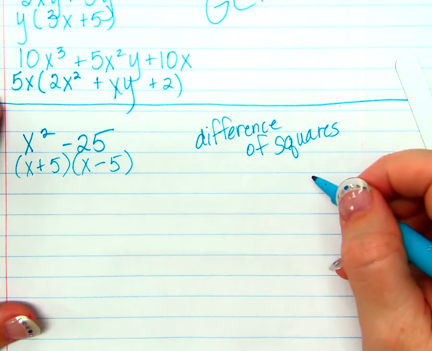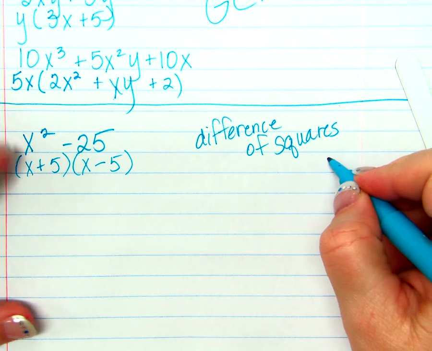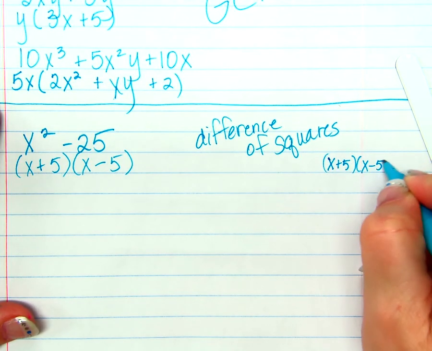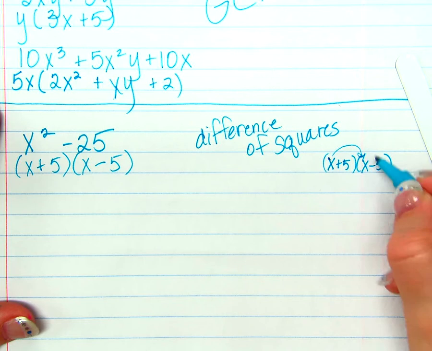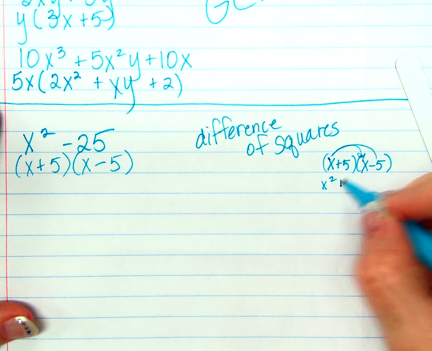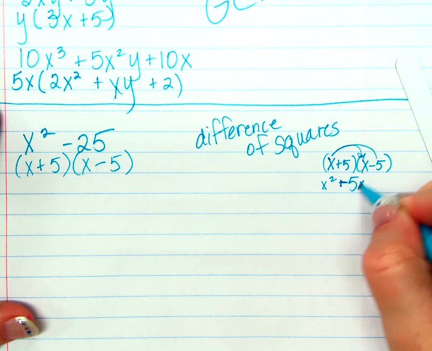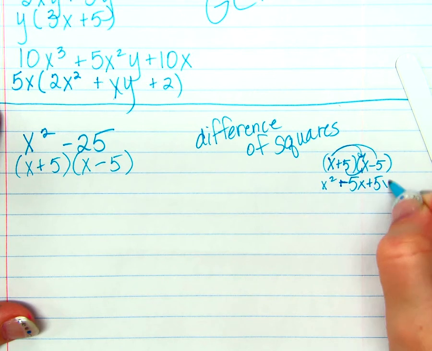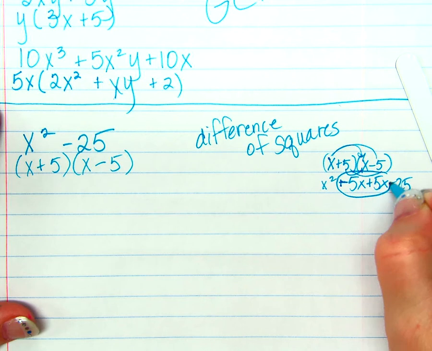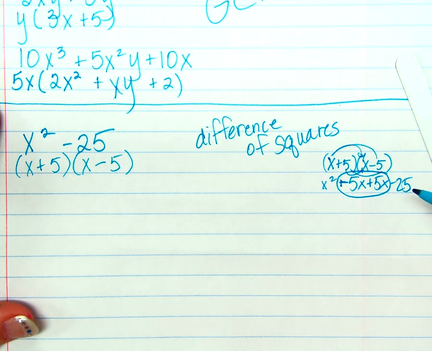Can I show you what I mean by that? What if I went backwards? What if I said x plus 5, x minus 5, and distributed? Isn't that x squared, minus 5x plus 5x minus 25. What happens to a negative 5x and a positive 5x? It's 0.